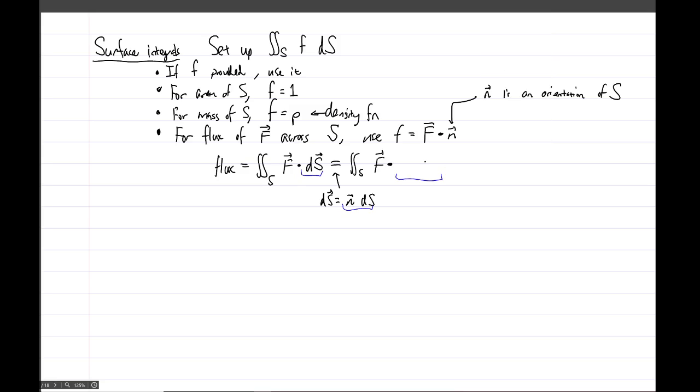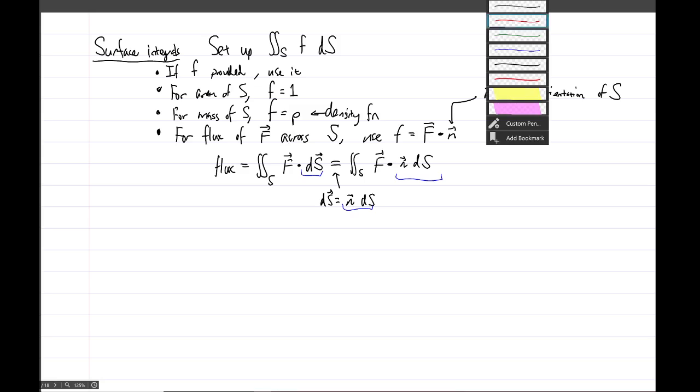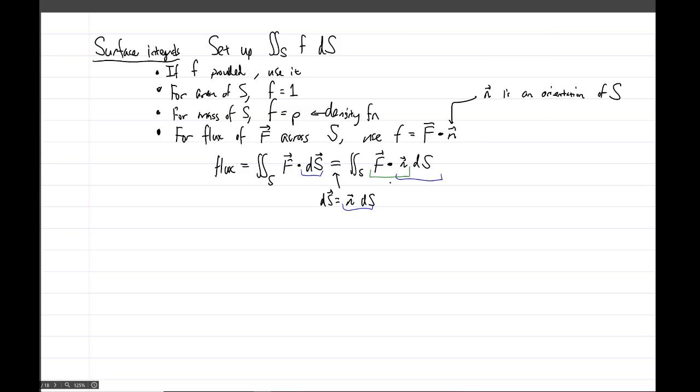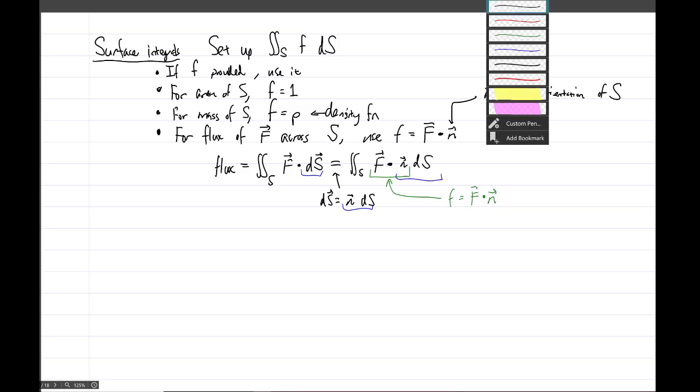And so we'll have F dot n dS without an arrow on it. Okay, so then the clarification here is that f is F dot n. So that was last time.